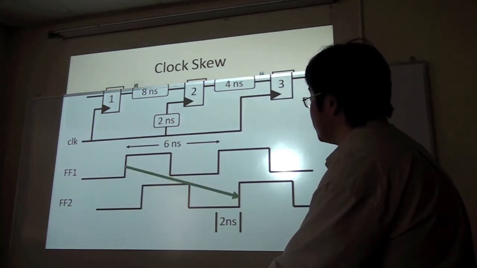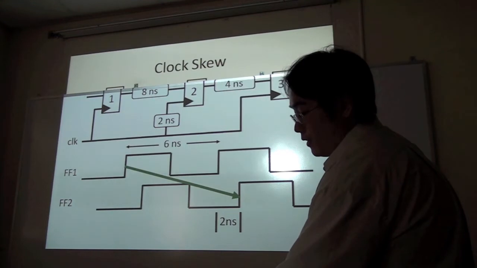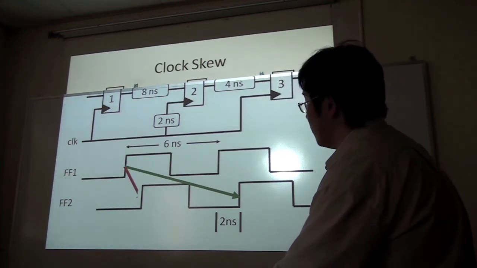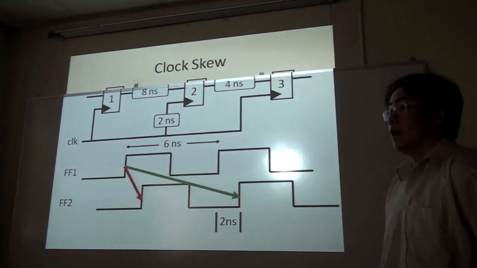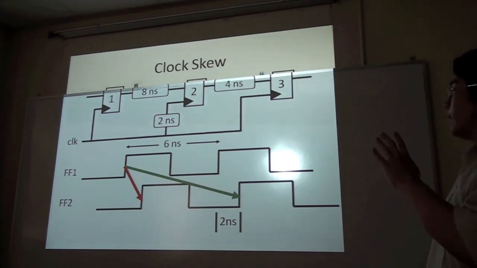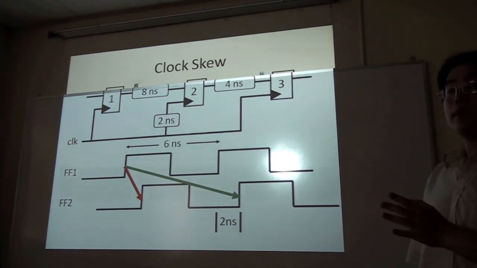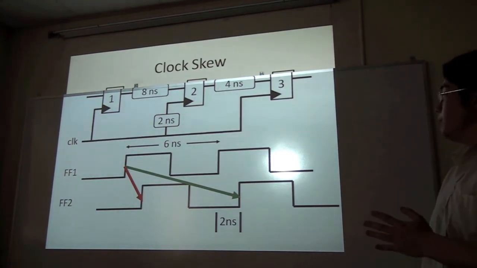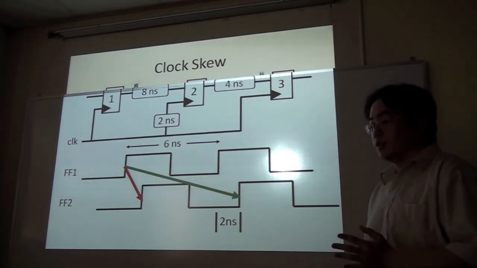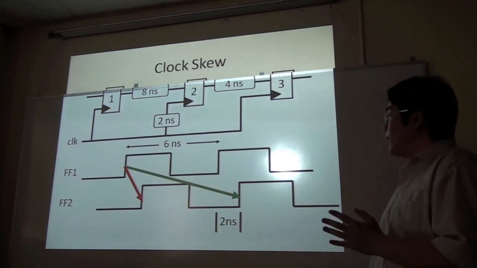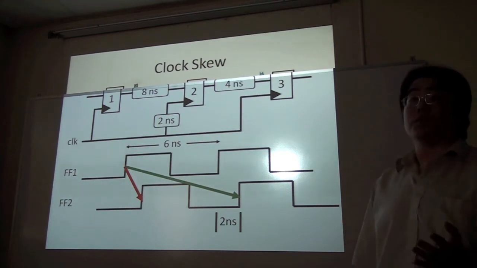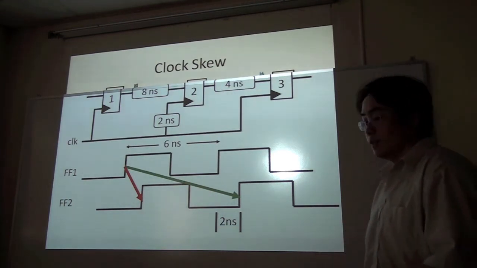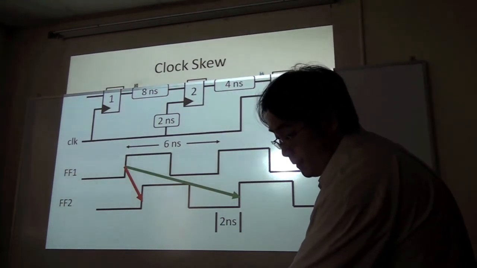But with this shift in the clock feeding the second flip-flop, there is a potential problem where the signal can launch from the first flip-flop and get to the second flip-flop before the edge occurs. This would violate the original behavior of the circuit, and hence this is known as a hold time violation.